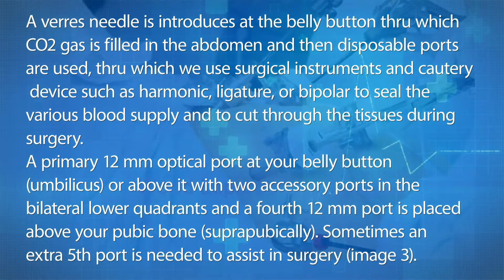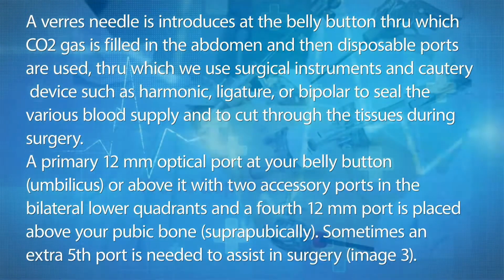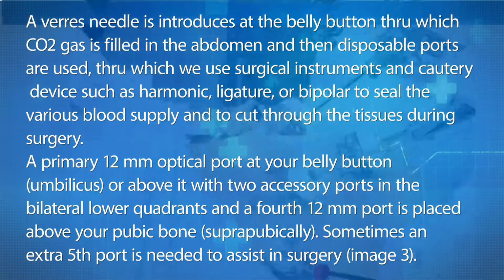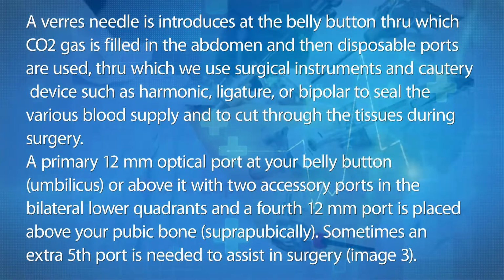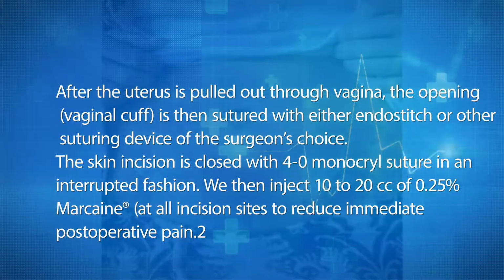A primary 12 mm optical port at your belly button or above it, with 2 accessory ports in the bilateral lower quadrants, and a fourth 12 mm port is placed above your pubic bone. Sometimes an extra 5th port is needed to assist in surgery.